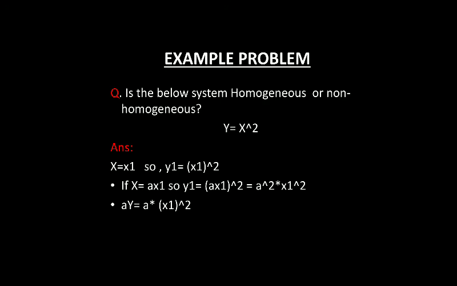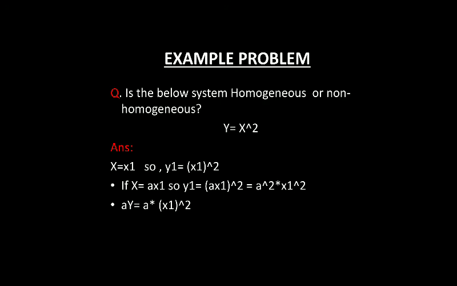So x equals x1, so y1 is equal to x1 square. Now we multiply x1 with a coefficient, or you can say a constant, so y1 is equal to a times x1, whole square, which results in a square times x1 square. Here a is any constant value, can be 2, 4, 3, 9.11, any value.